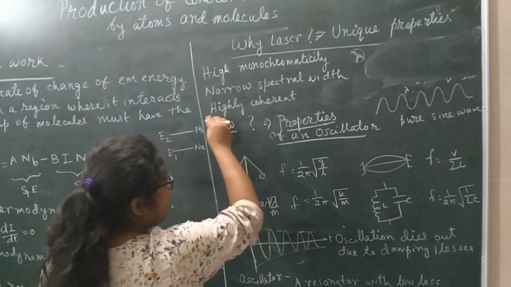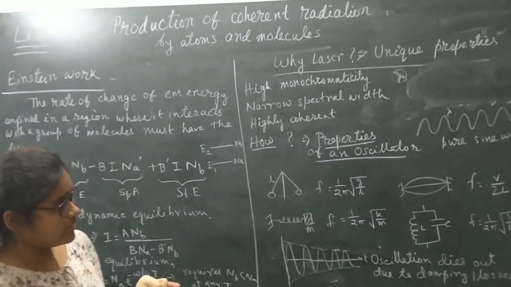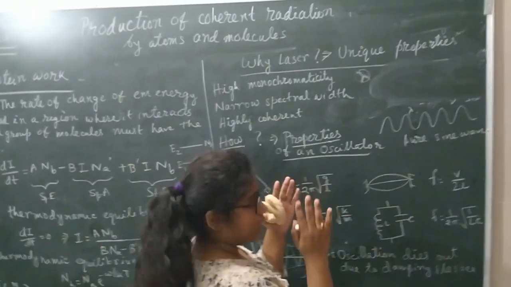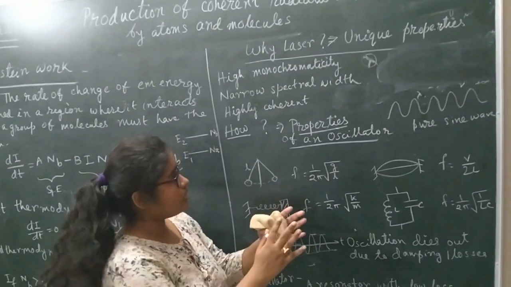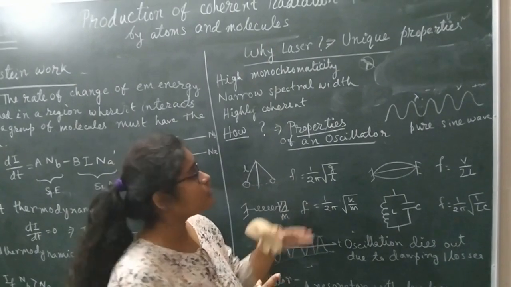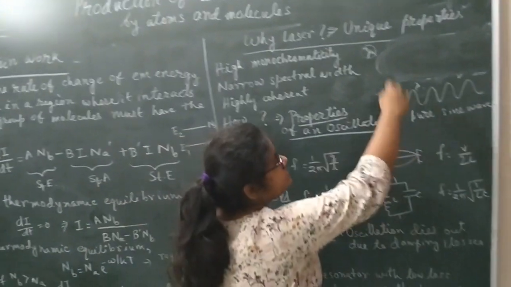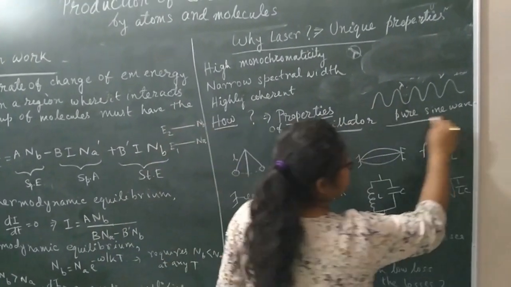Okay. Now, it is highly coherent. What do you mean by coherence? Suppose you have light, and you can think of light as radiation, a combination of electric field and magnetic field, an electromagnetic wave. Suppose the electric field is oscillating as a pure sine wave.